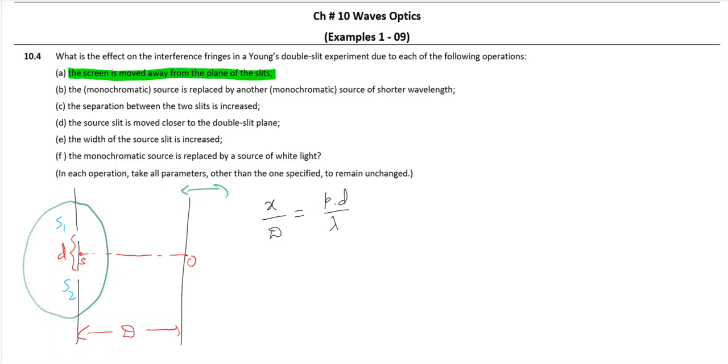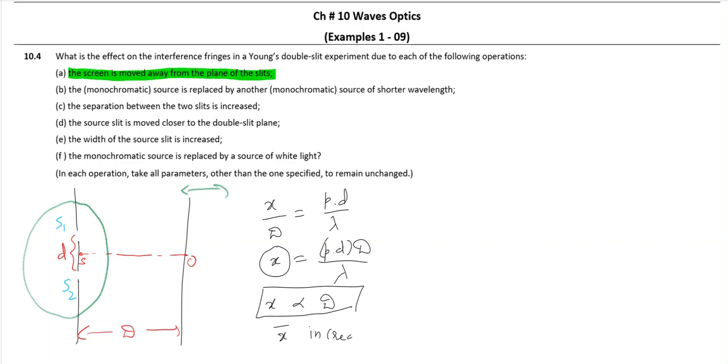Now, path difference we are not changing, but as you are changing capital D, x is directly proportional to capital D. Other parameters are constant, and hence the fringes will be separated more, the width of the fringe will be more. So fringe width will increase, angular separation will not change, it will remain the same. That is a.